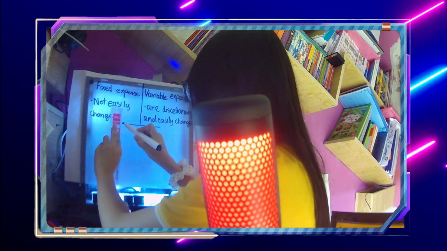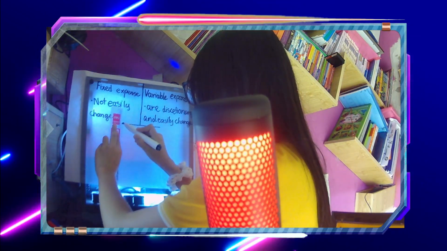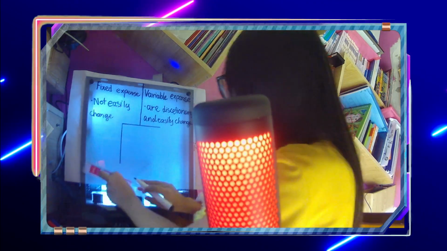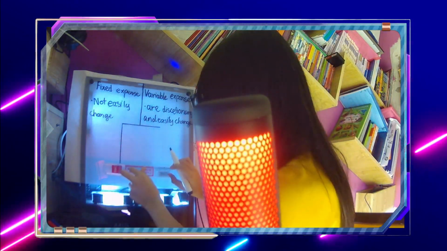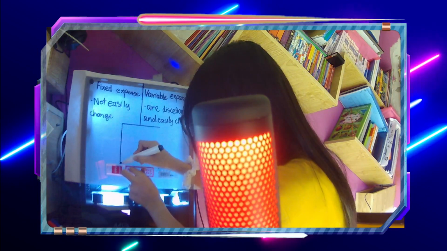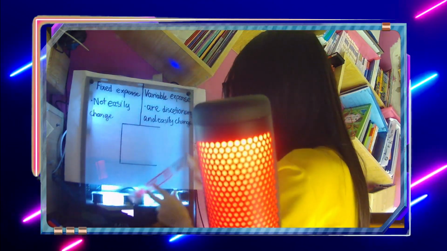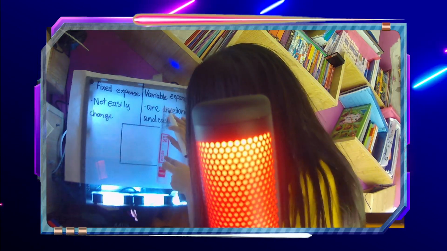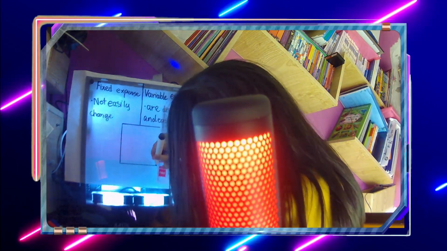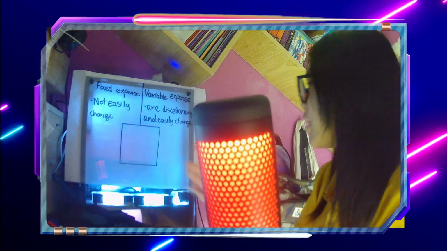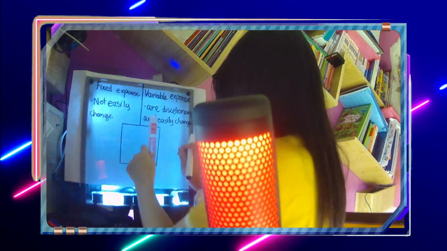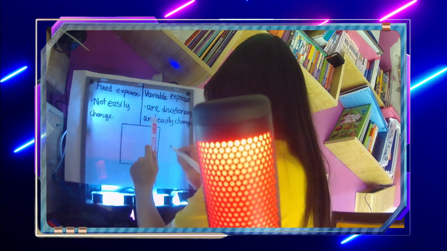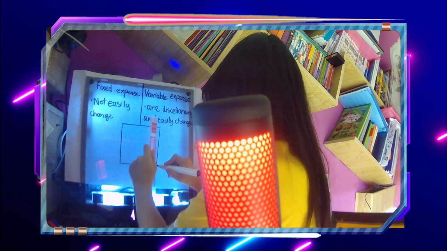Okay. Going down. This one. Going over here. It is almost a square, but not quite. It is kind of like a triangle, but does not look like a triangle at all.